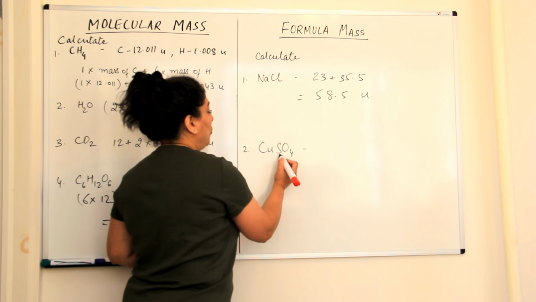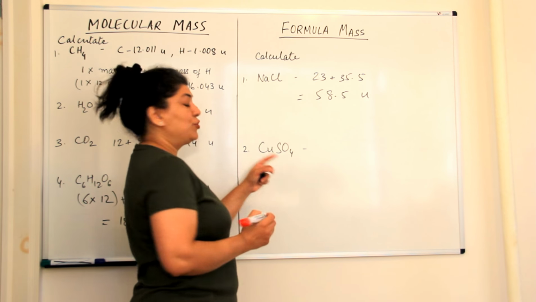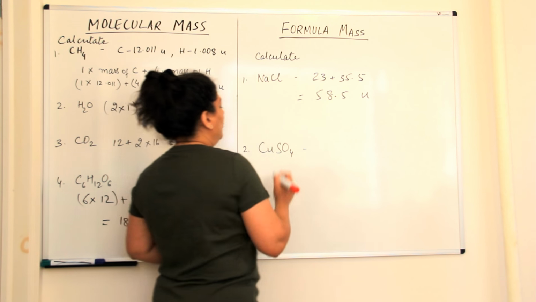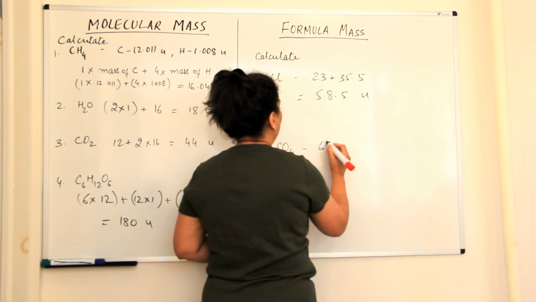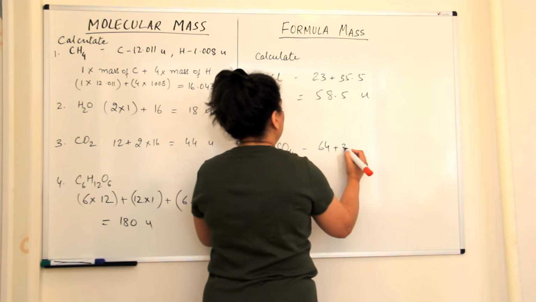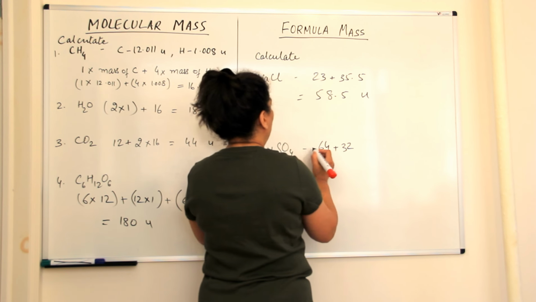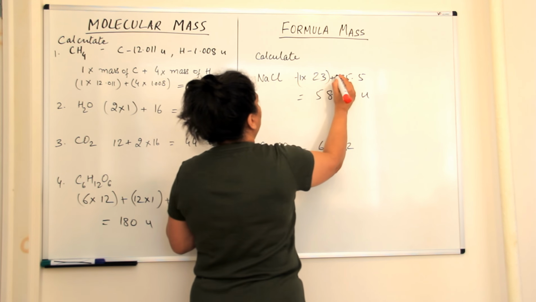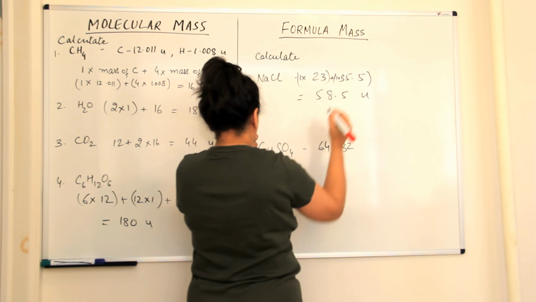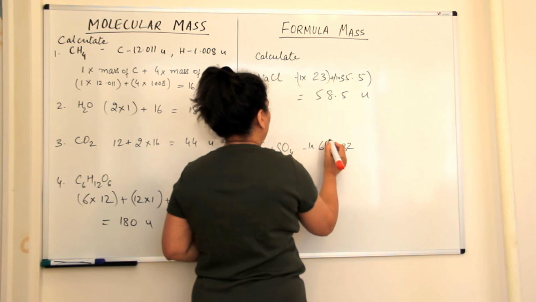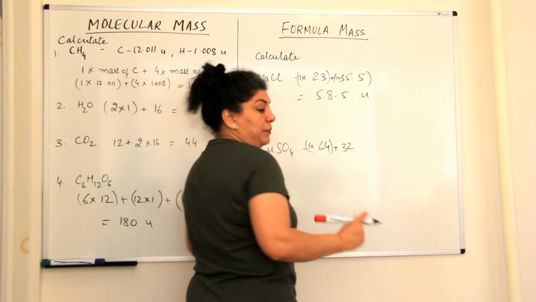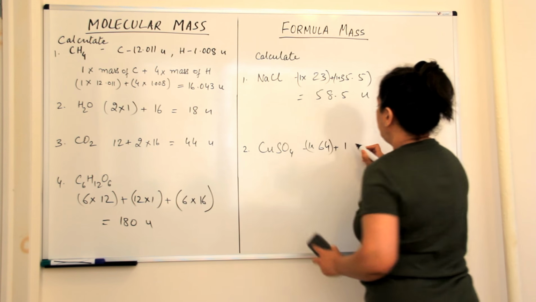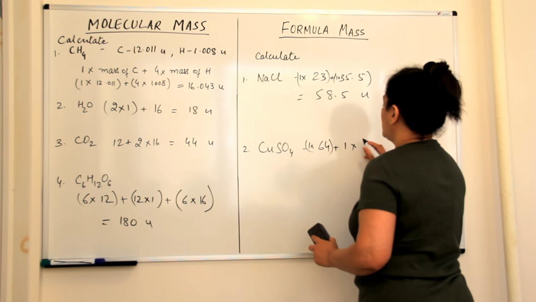But sulfate consists of 1 sulfur atom and 4 oxygen atoms. So when we find out the mass, we have to find out the total of all the atoms present. So copper has a mass of 64, sulfur is 32, both are 1 into 64 plus 1 into 32, just to make it clear that we multiply the number of atoms by the mass of the atom.